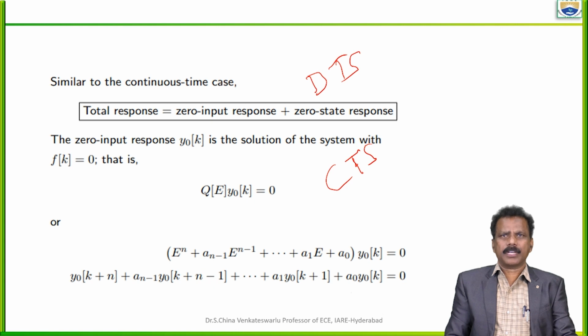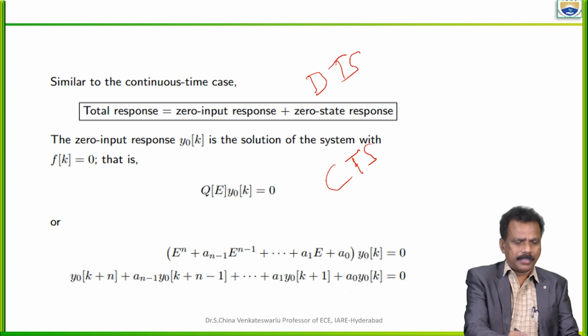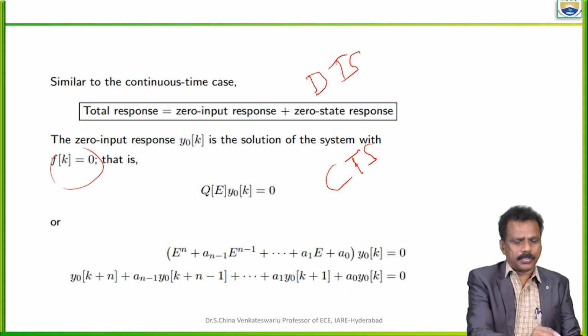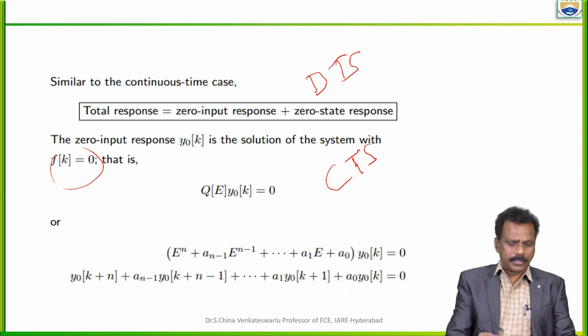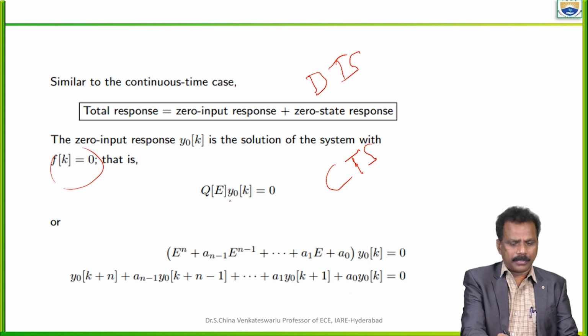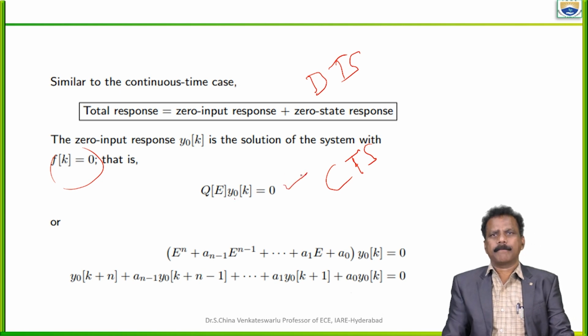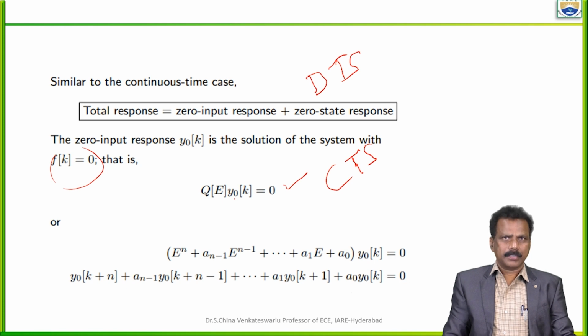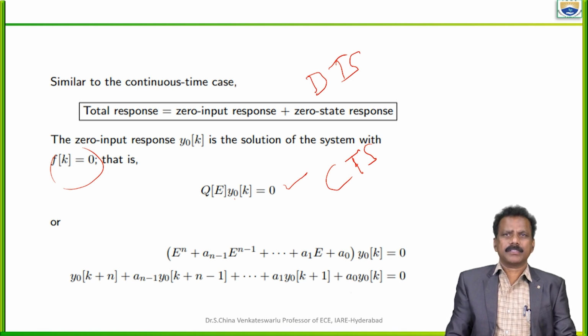The zero input response y0 of k is the solution of the system with f of k equal to 0, that is Q of E into y0 of k is equal to 0. Like this, by using this continuous time case, the total response is equal to zero-input response plus zero-state response.